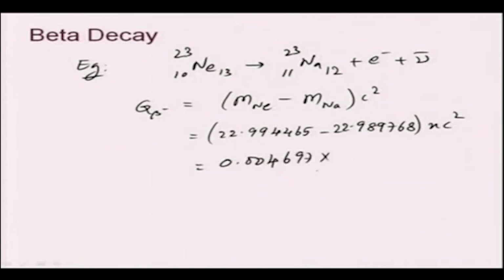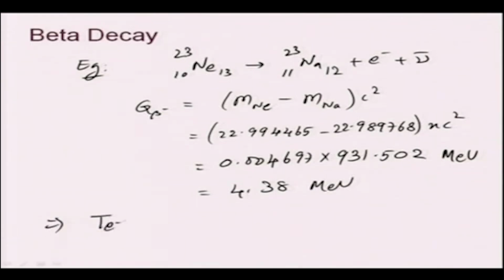So, the energy is basically 0.004697 u c squared, and you can convert it into MeV, the conversion factor being 931.502 to convert u c squared into MeV, which is equal to 4.38 MeV. So, that tells you that T_electron maximum in this case is 4.38 MeV.